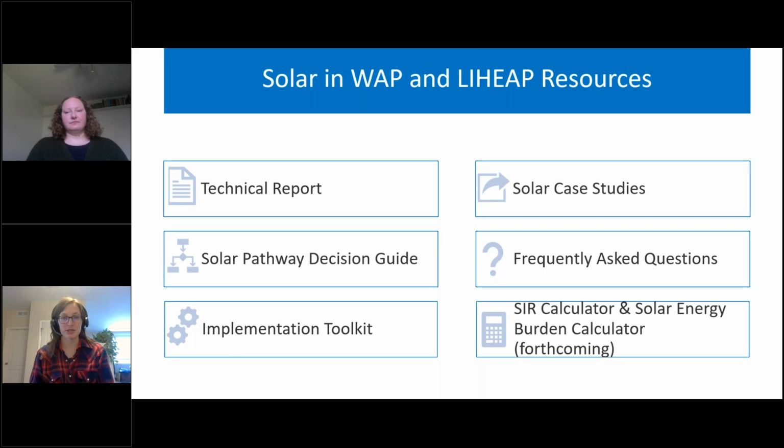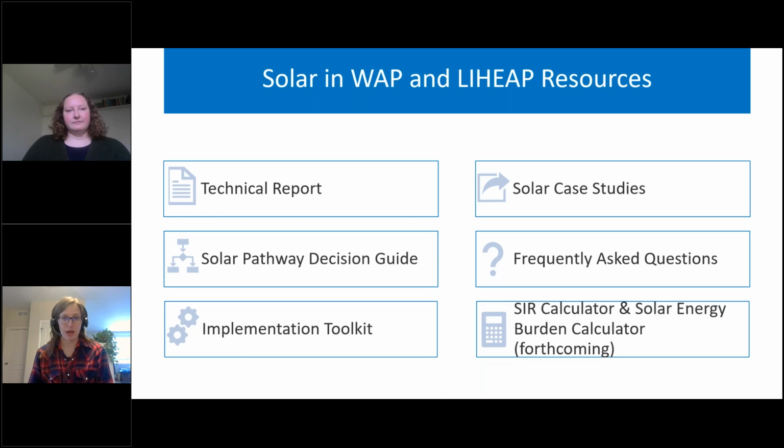So as Matt mentioned, we have our technical report, which identifies all the data, probably more quantitative data and analysis than most folks want to read through. But if you're interested in our findings, particularly around barriers for implementation, I do encourage folks to check that out. The next resources, all of these are available on the WAP website.